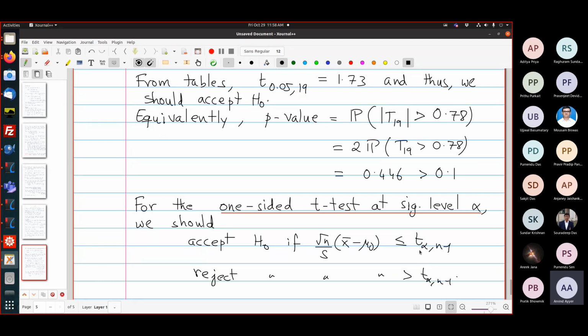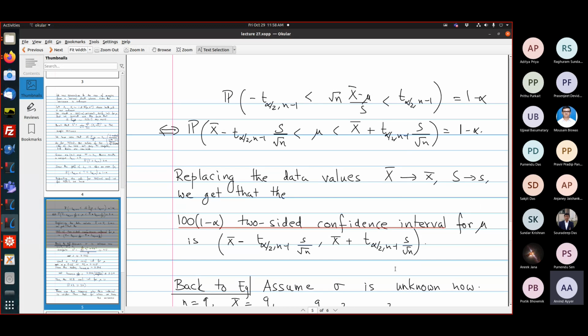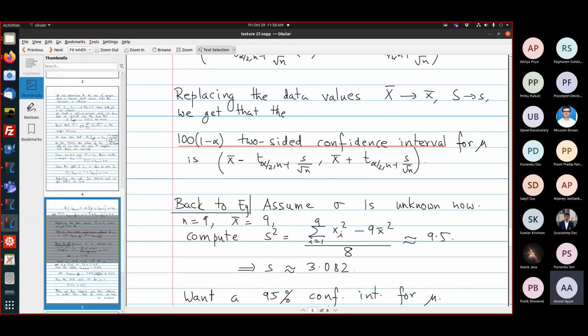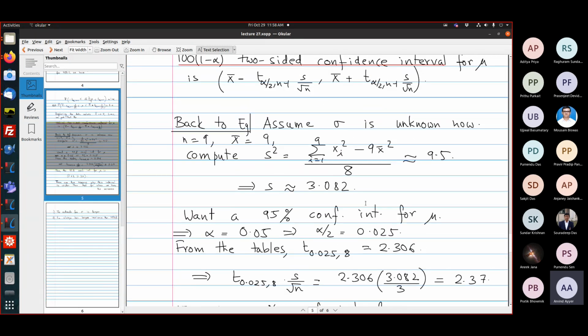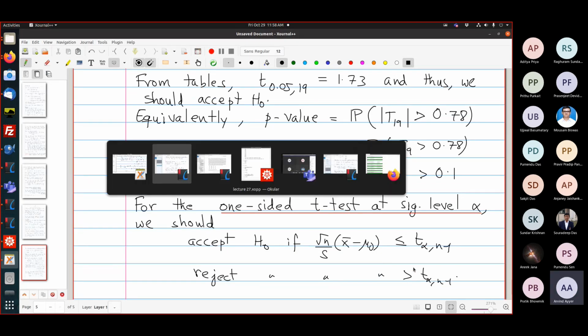So again, this is the same issue, and you can compare with this chapter where we had t alpha by 2, n minus 1 for the two-sided test. For the one-sided test we have t alpha, just as for the normal case.